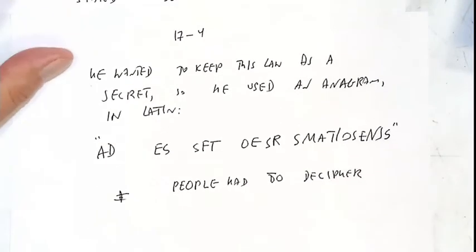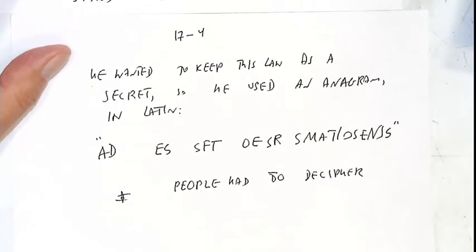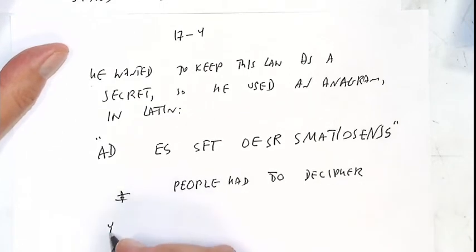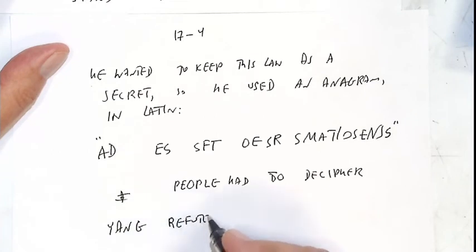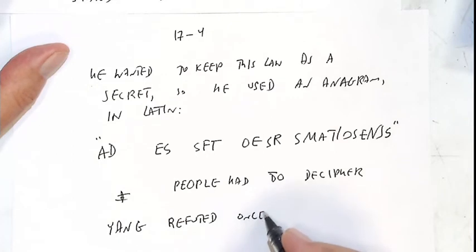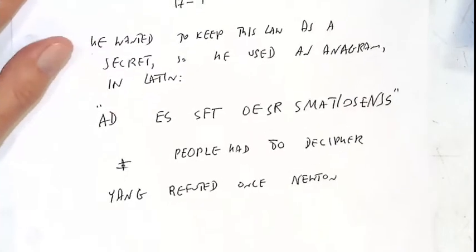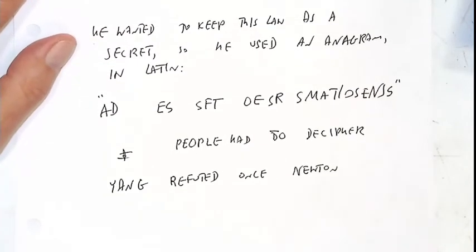Unfortunately, do you remember I told you a story about Hippasus, who was thrown overboard by Pythagoras' order. He, Thomas Young, refuted once Newton, who was a president of the Royal Society.